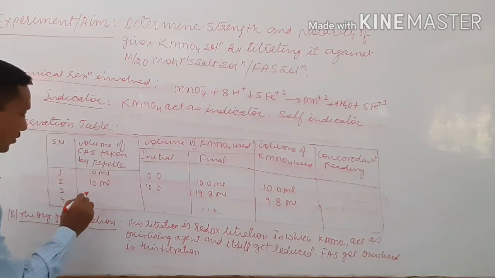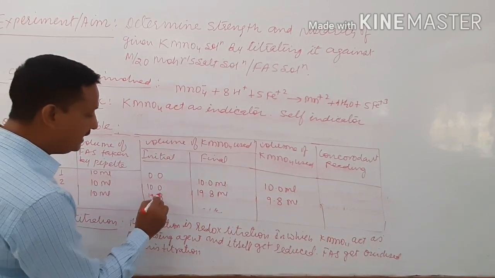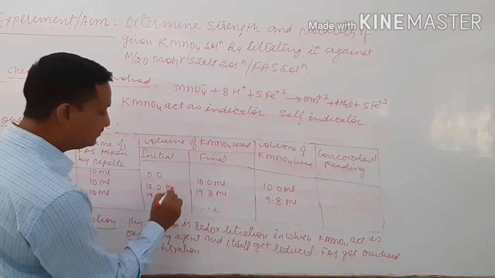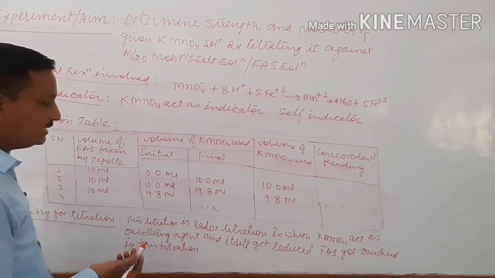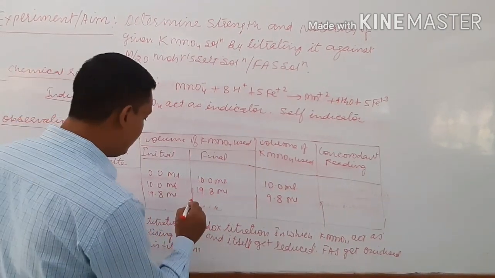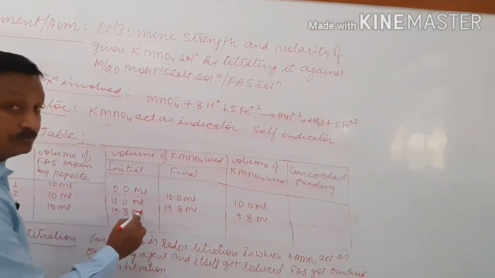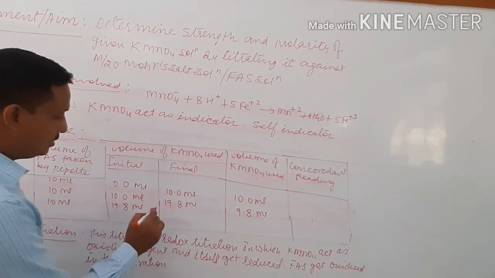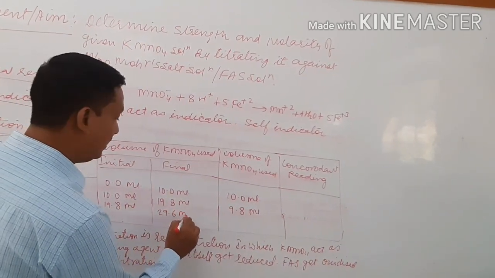Then third reading, suppose we take 10 ml and the initial reading is 19.8 ml, and suppose the final reading is 29.6 ml.